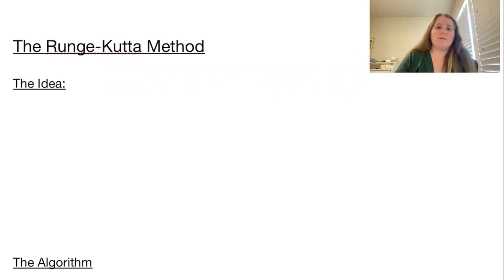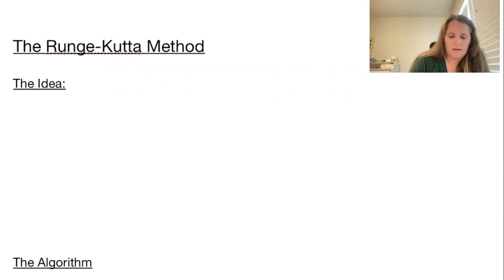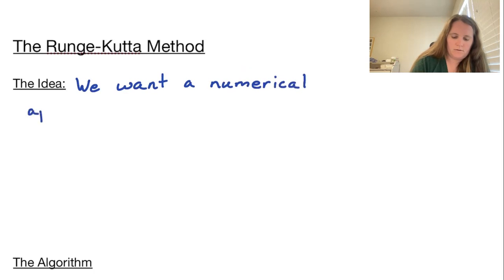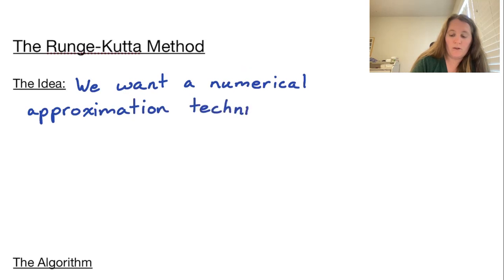Welcome to the Runge-Kutta method. So the idea here is we want a numerical approximation technique which has smaller error, right?